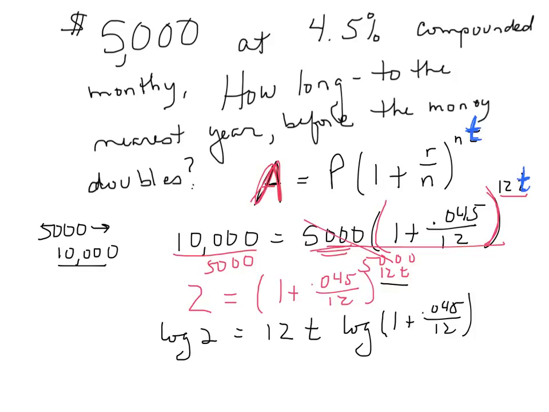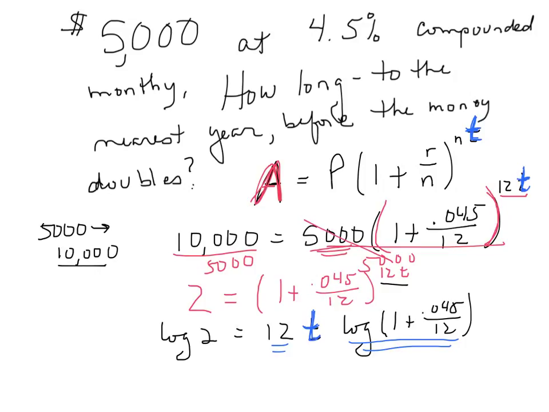Now, this is what I'm trying to isolate right here. Which means I'm going to divide out the 12, and I'm going to divide out the log. I'm going to do it one piece at a time. So the first thing I'm going to do is divide both sides by the log of the 1 plus 0.045 divided by 12.